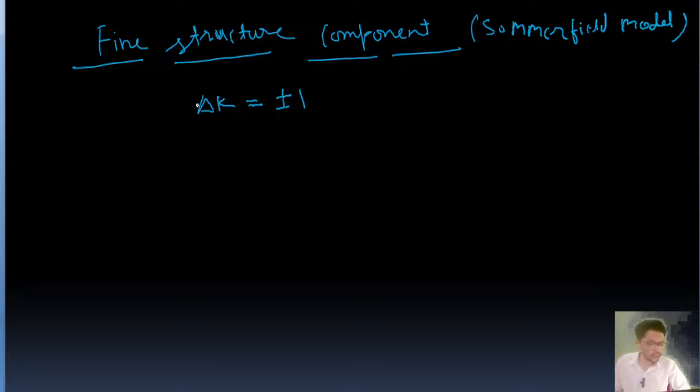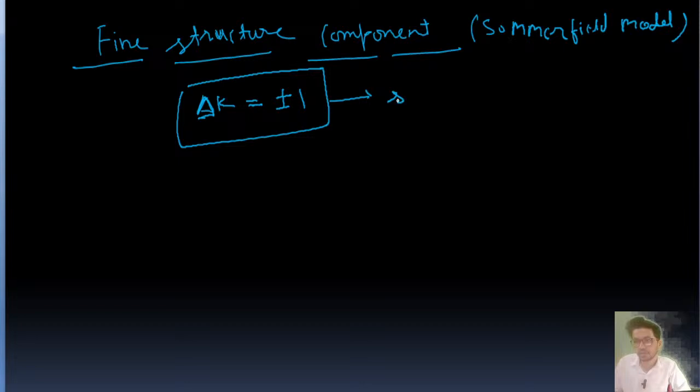And this is the selection rule, right? We know delta k equals plus or minus 1 for the fine structure in the Sommerfeld model. So this is the selection rule. So the H alpha line is going to be like this.